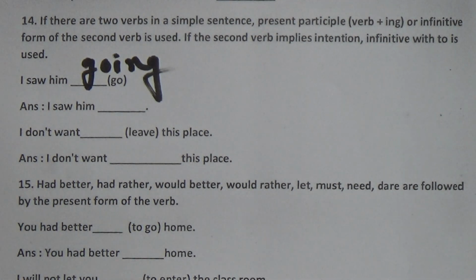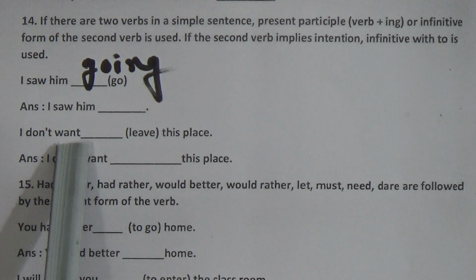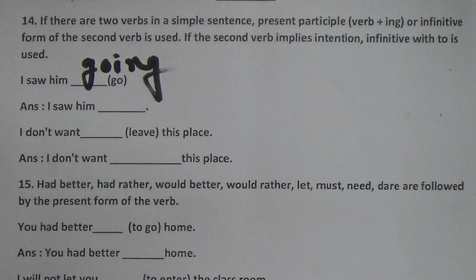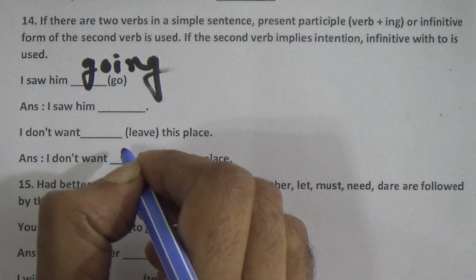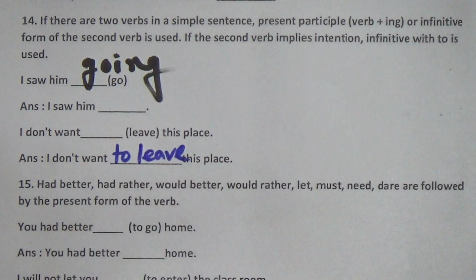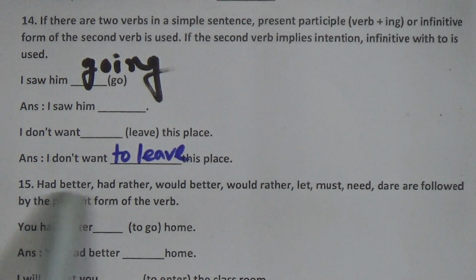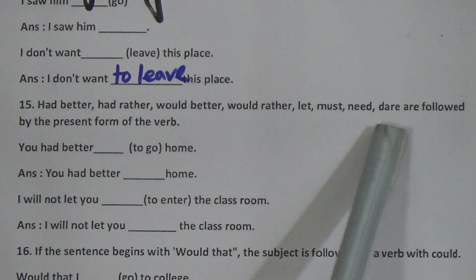Look here, I don't want, this portion implies intention, so we will use here infinitive plus present form of the main verb. So I don't want to leave this place.